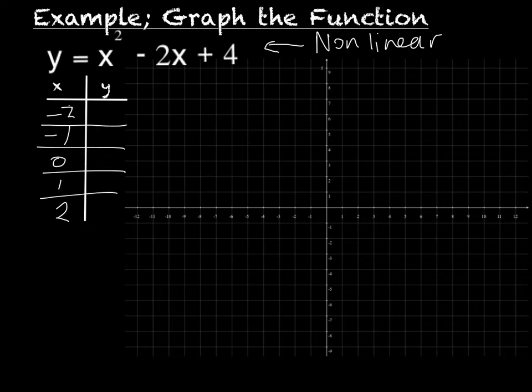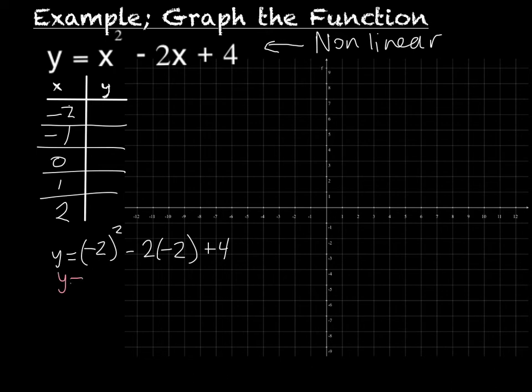Okay, so the first point we put in, we have y equals (-2) squared minus 2 times -2 plus 4. And if we type that into the calculator, we get y equals 12. So I put 12 in right there. Then I can graph that point.